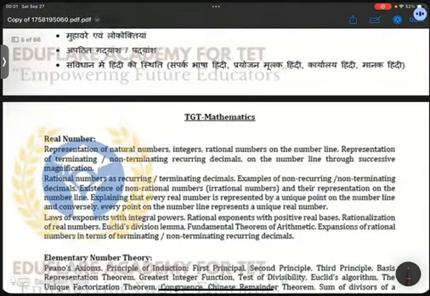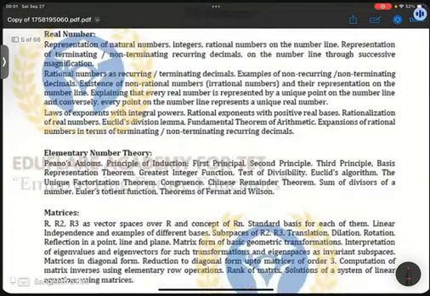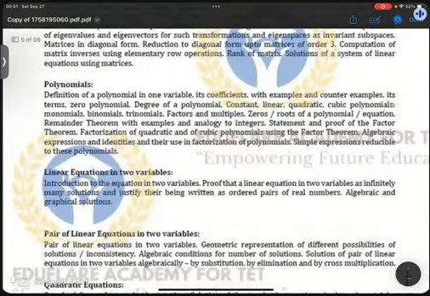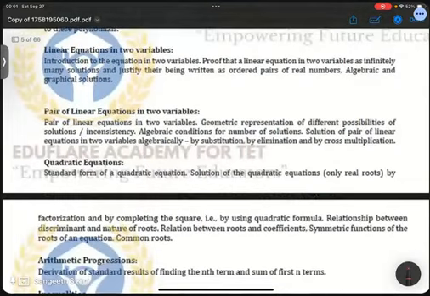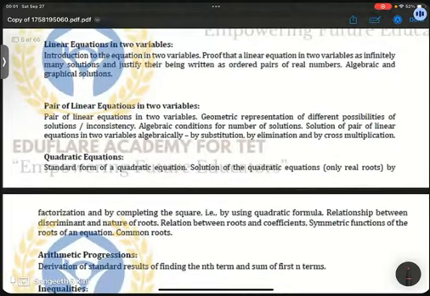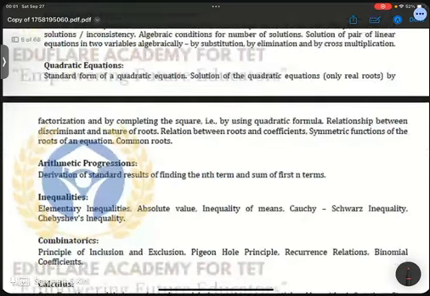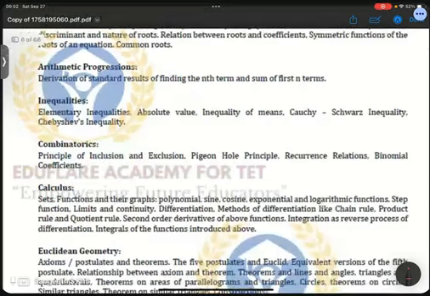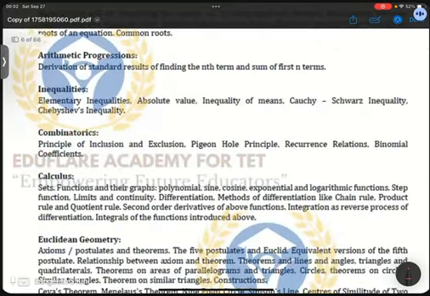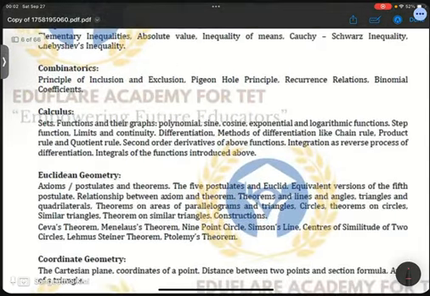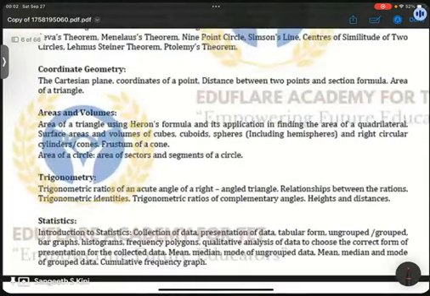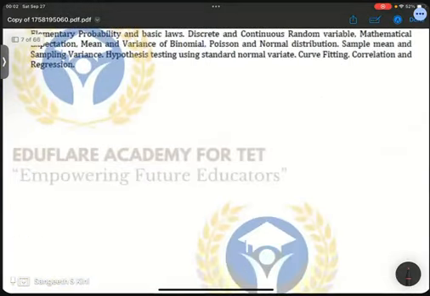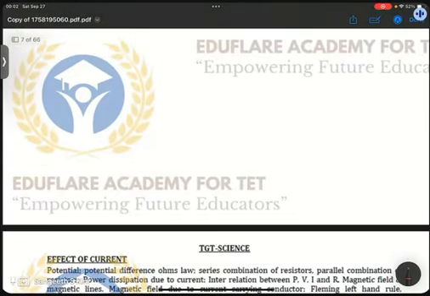And also TGT mathematics is given here: real numbers, elementary number theory, matrices, polynomials, linear equations in two variables, pair of linear equations in two variables, quadratic equations, factorization, arithmetic progressions, inequalities, combinatorics, calculus, coordinate geometry, areas and volumes, trigonometry, statistics, and probability. This is the syllabus of TGT mathematics.